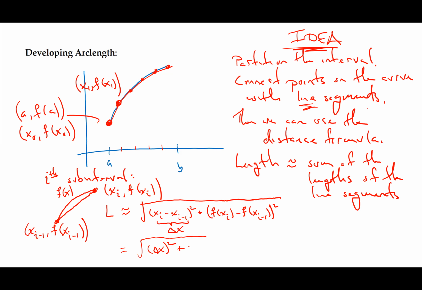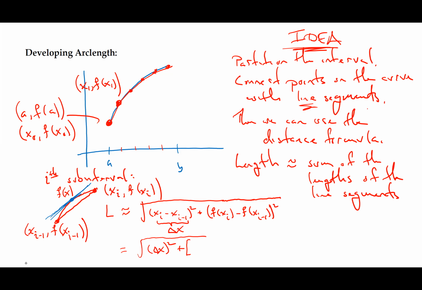plus, and then here's something interesting. The mean value theorem, right? There is a point somewhere in that interval where the slope of the tangent line is equal to the slope of that secant line that is our arc length, our line segment.